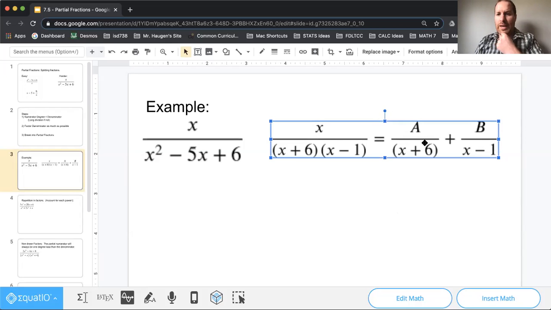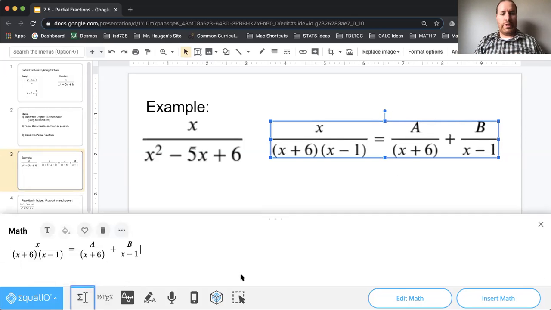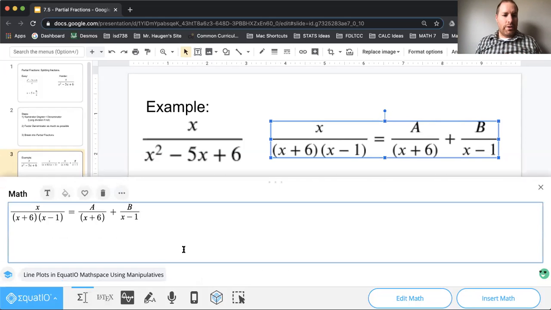And so once we have these two parts, we essentially have an equation that we can solve for A and B, not for x. That's not what we're solving for in this case. We're trying to figure out what these numerators are. To do that, we multiply everything by the super denominator, x plus 6 times x minus 1.